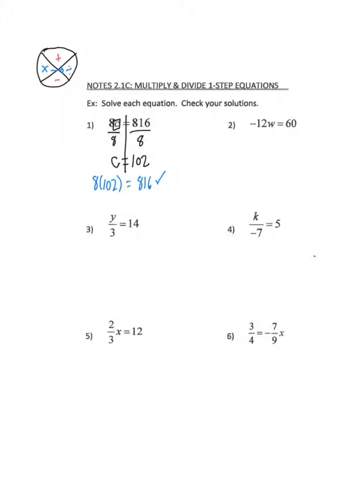Number 2, I want to isolate my w, get w by itself. So if I've got negative 12 times w, be careful here, our inverse is not addition since we have a negative sign out here. If we have negative 12 times w, that means I need to divide by negative 12.